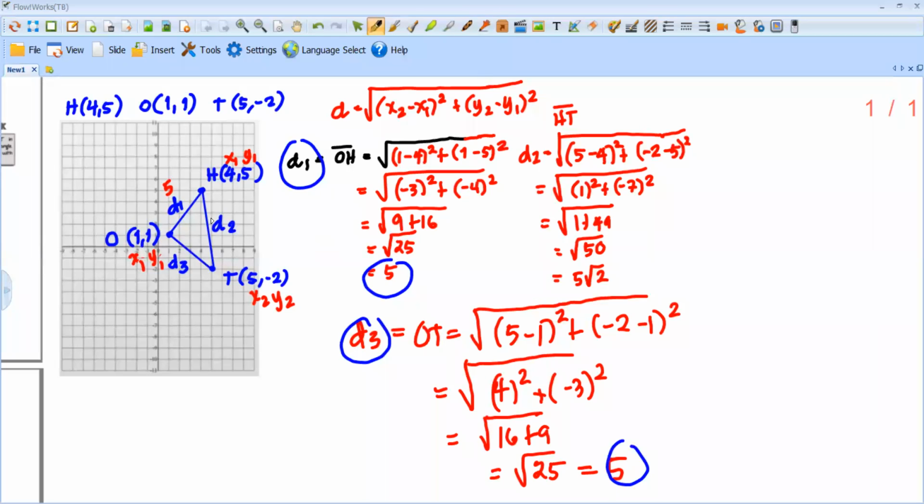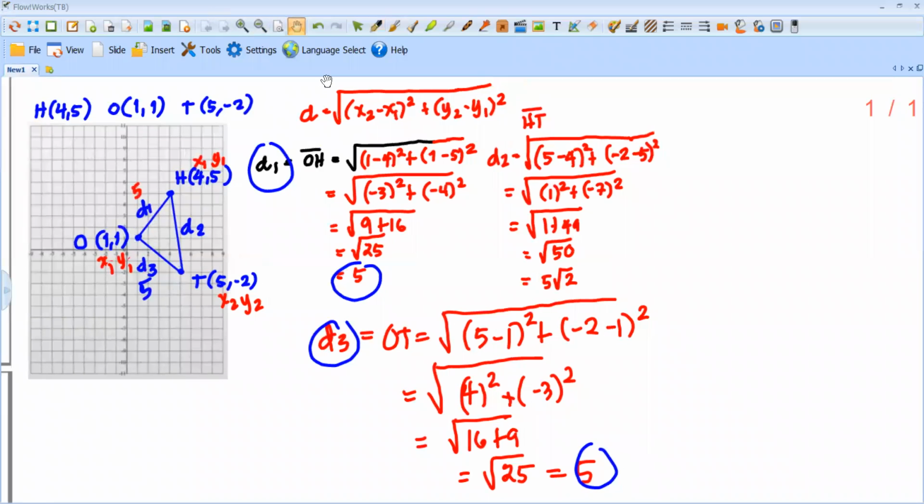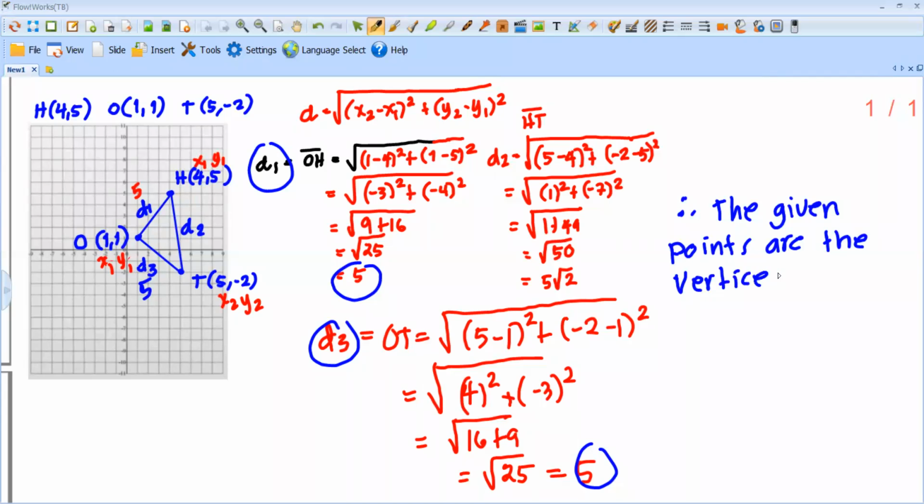So it means that if two sides of the given triangle are equal, then you have to say, therefore, the given points are the vertices of an isosceles triangle. Is it clear? Yes, sir.